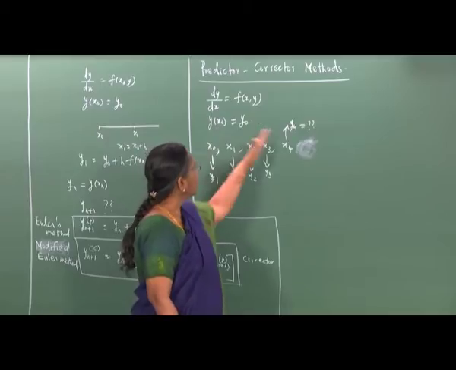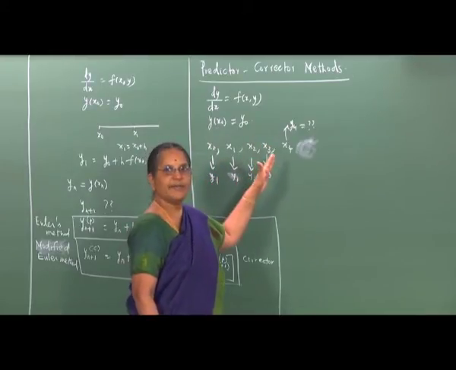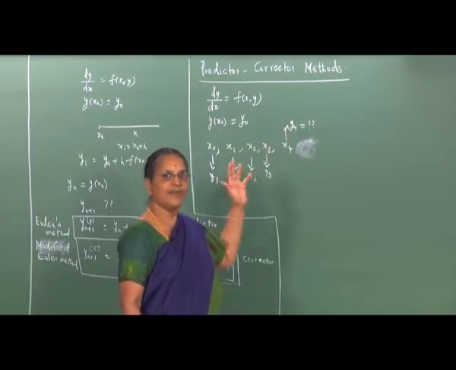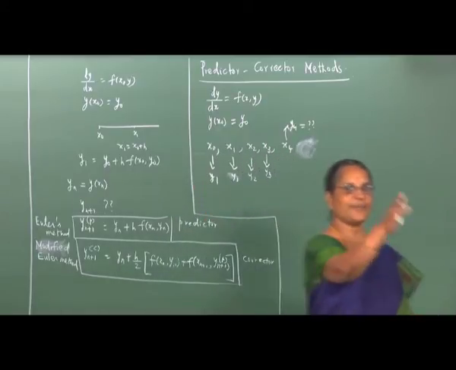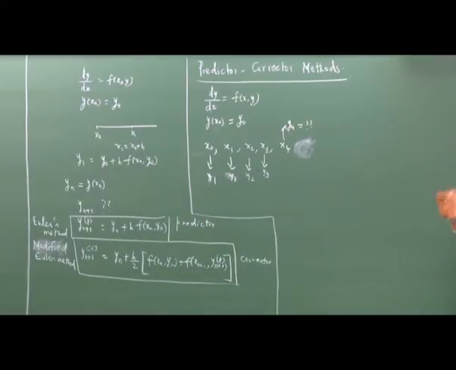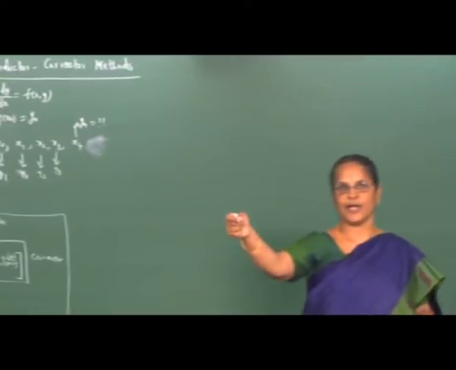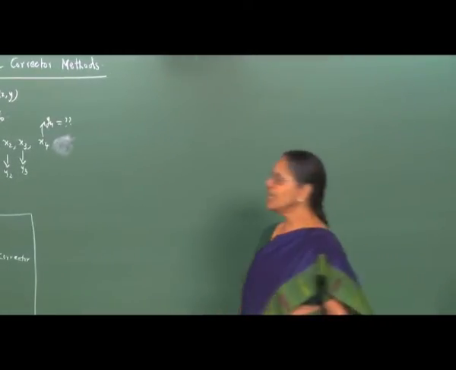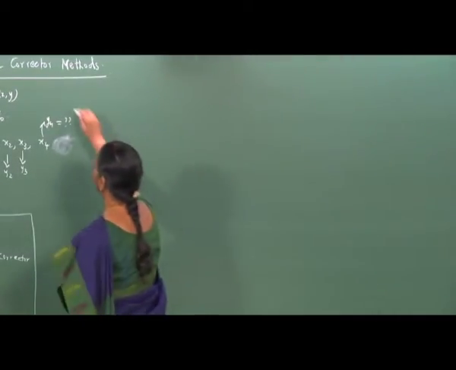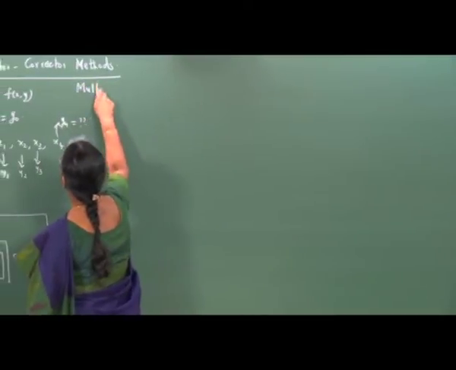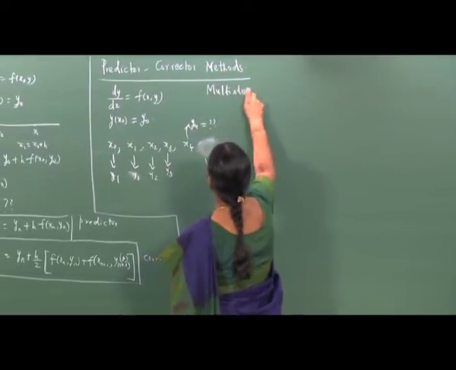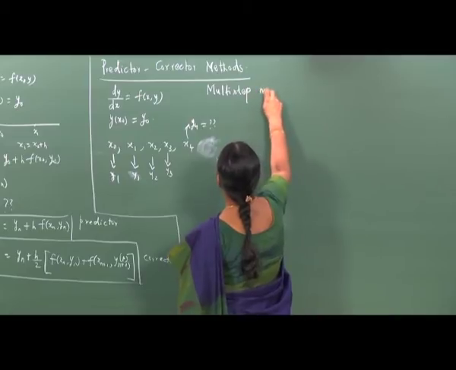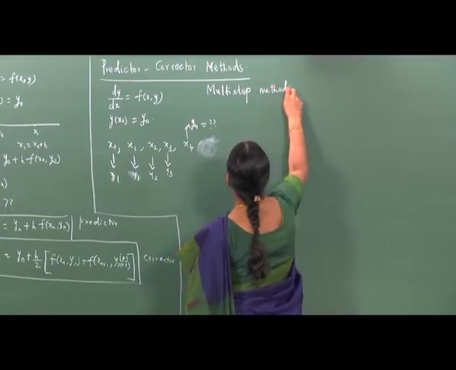So, the methods that we derive by requiring that information is needed at a set of previous points in order to obtain the solution at this point are called multi-step methods. So, essentially we will be deriving what are referred to as multi-step methods.